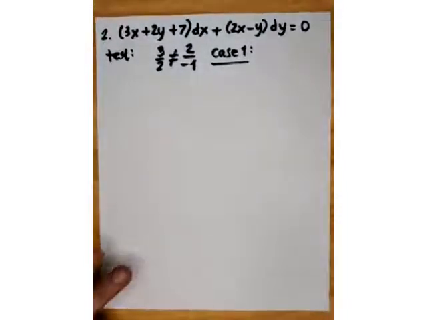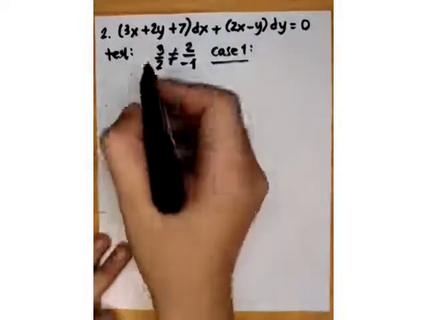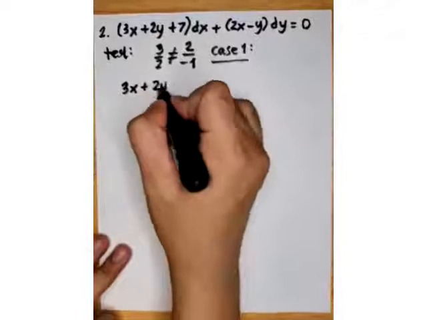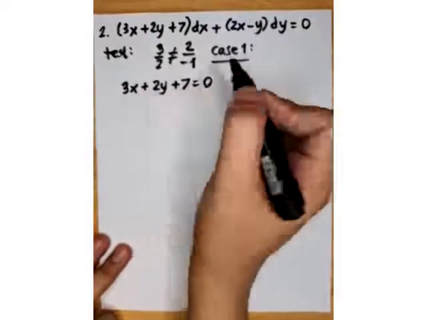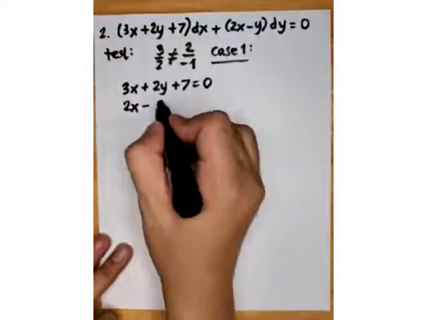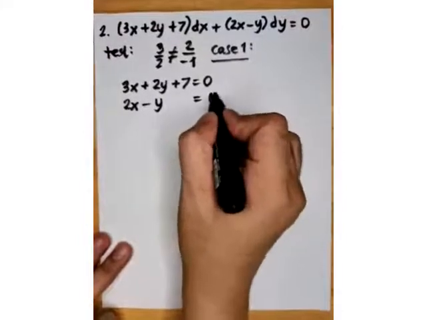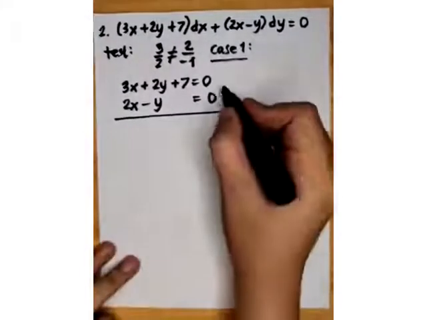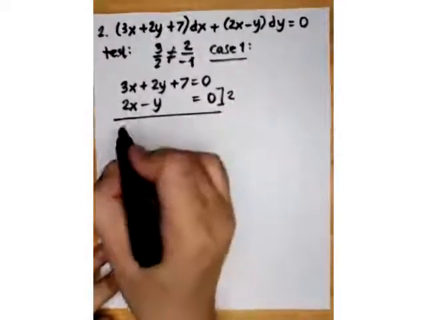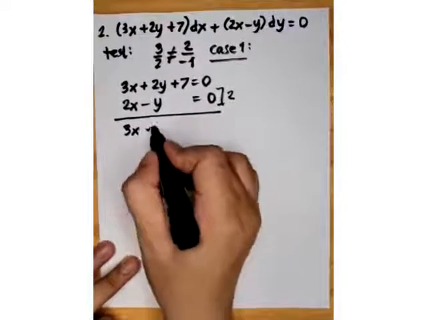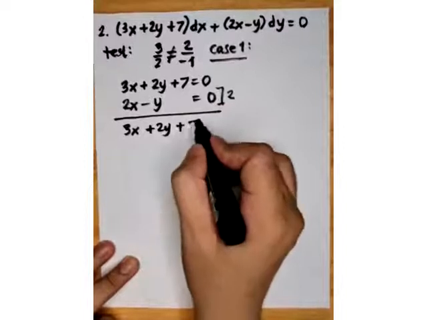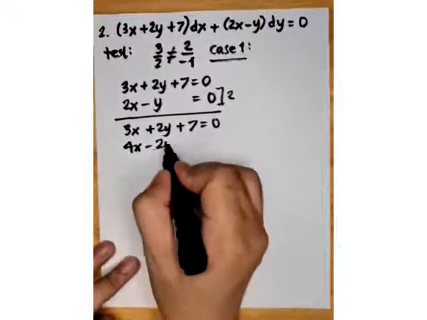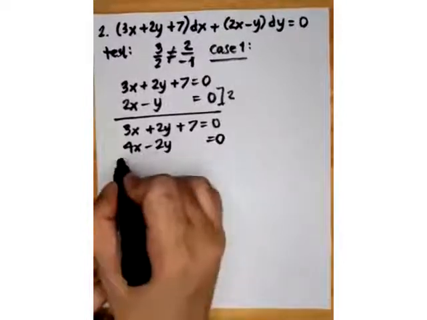So kung case 1 yan, so equate na natin siya sa 0. And then this one is 2x minus y is equal to 0. Ayan. So let's just multiply the second equation by 2 by elimination method. So 3x plus 2y plus 7 is equal to 0. And 4x minus 2y is equal to 0.